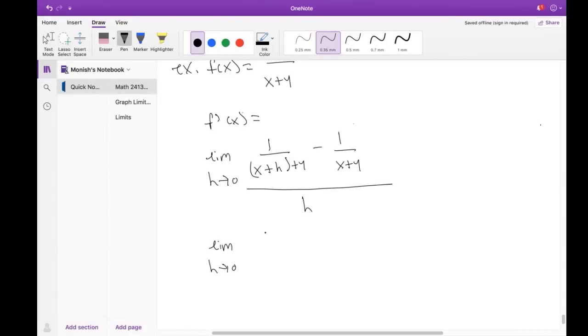From here you need to do a common denominator. So you have 1 over x plus h plus 4. You need to multiply this by x plus 4, and you need to multiply the other by x plus h plus 4.